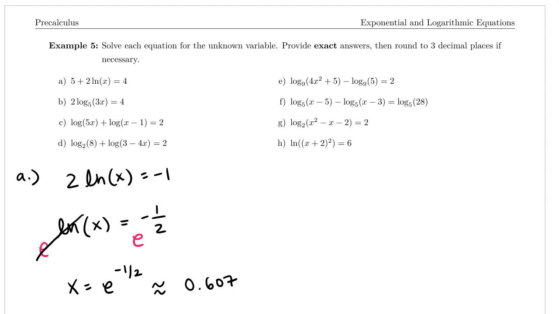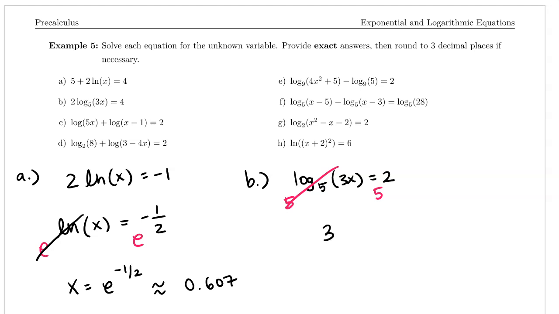0.607. Part B, we have 2 times log base 5 of 3x is equal to 4. I'm going to divide both sides by 2. That'll give us log base 5 of 3x is equal to 2. I'm going to have both sides be the exponent of the base of 5. That will get rid of that.